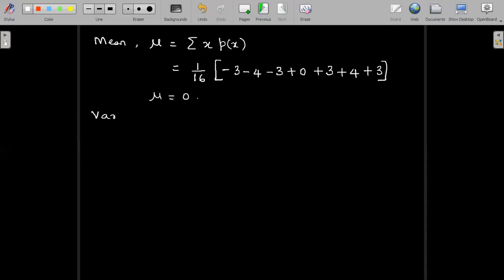Similarly, we can find out variance, which is given by summation xi square p of xi minus mu square. If you feel the alternate formula is comfortable, you can as well use the alternate formula. So I'll be applying this formula. Every xi square is multiplied with its probability and minus the mu square term has to be performed.